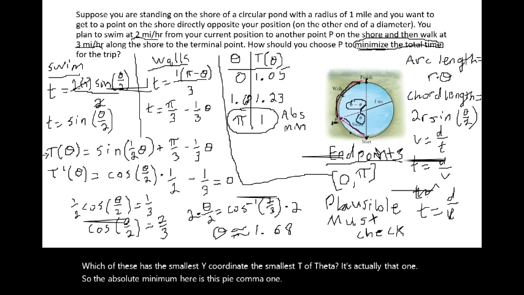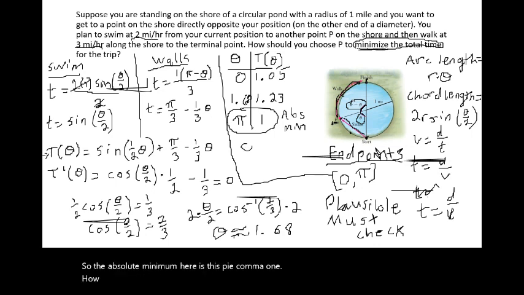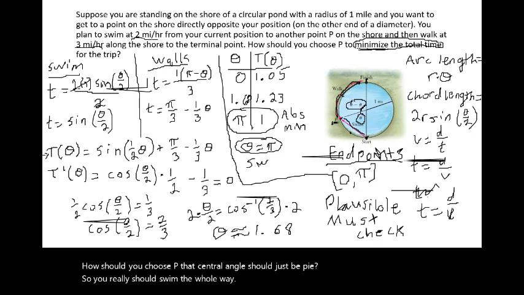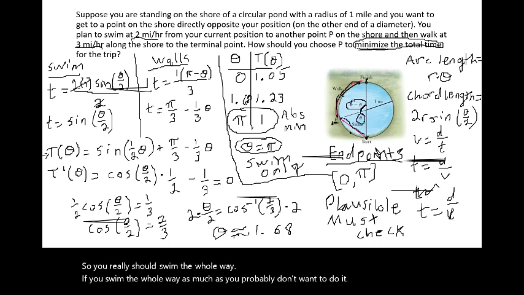So how should you choose P? That central angle should just be pi. So you really should swim the whole way. If you swim the whole way, as much as you probably don't want to do it, it will minimize the total time.